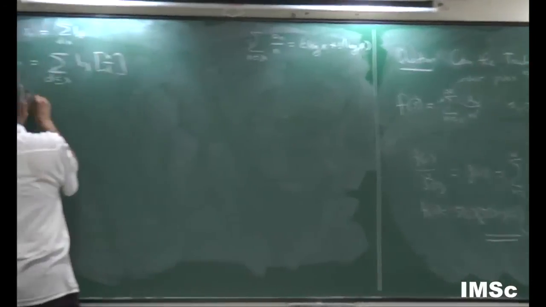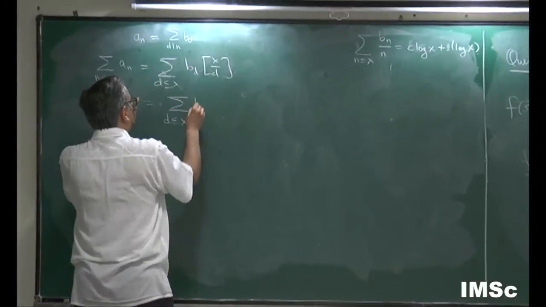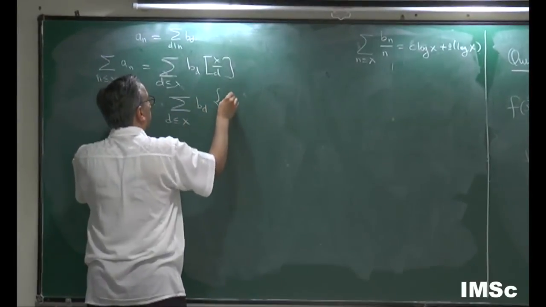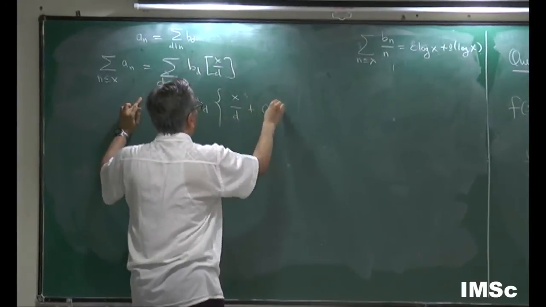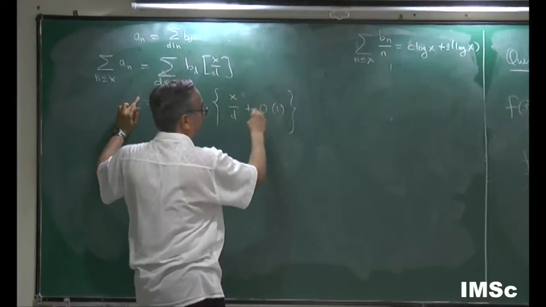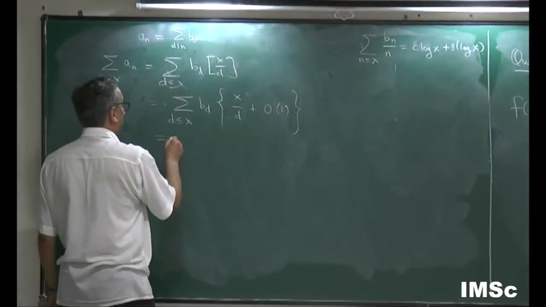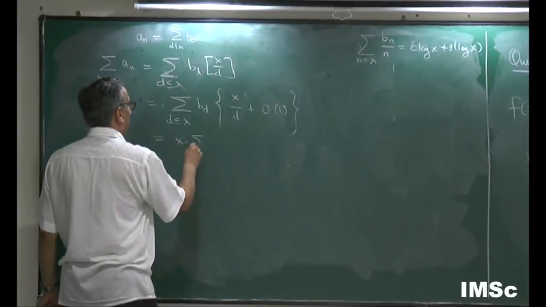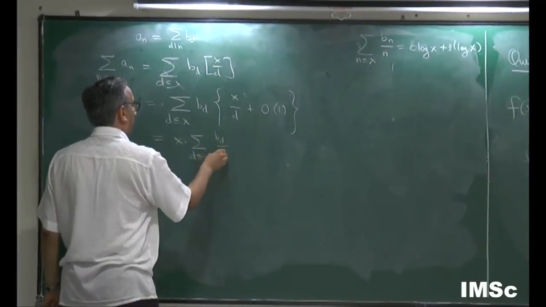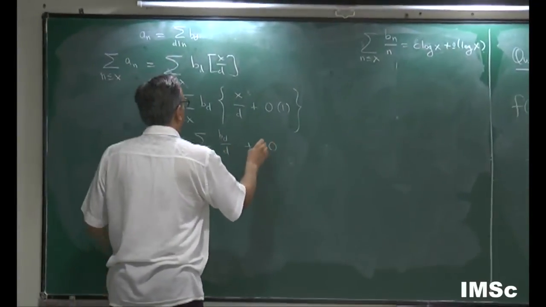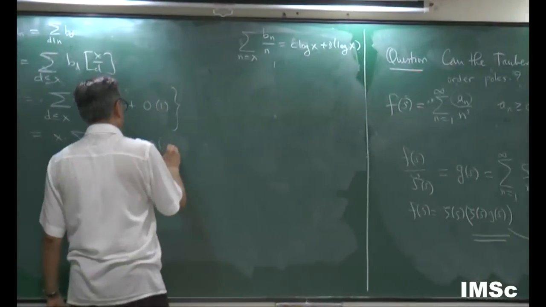So that now it looks as if I take away the square brackets, and then this becomes the sum over d less than x of bd over d, plus o of summation bd, but summation bd is like o of x, so it's an o of x there.